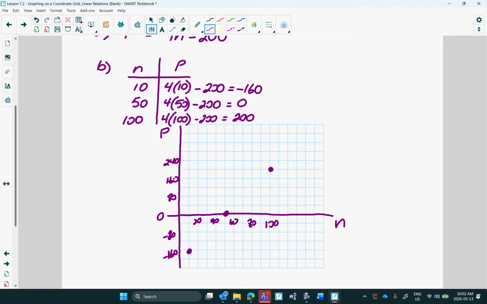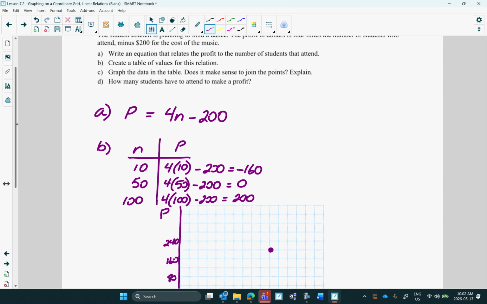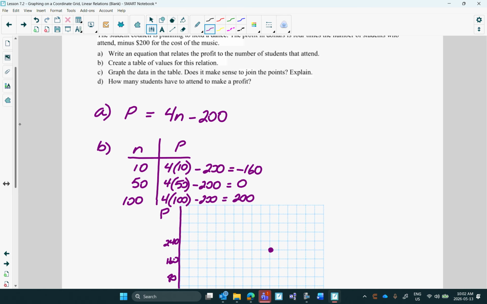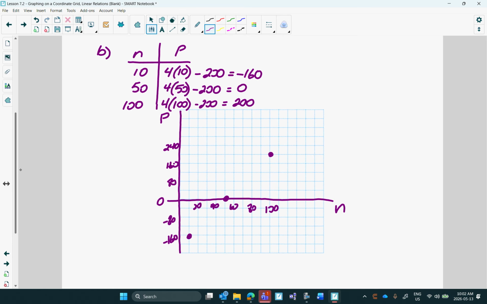Our next, oh yeah, this is C. Here's the question. Should we connect these? Remember we talked about this yesterday. Can you have a fraction of a person?